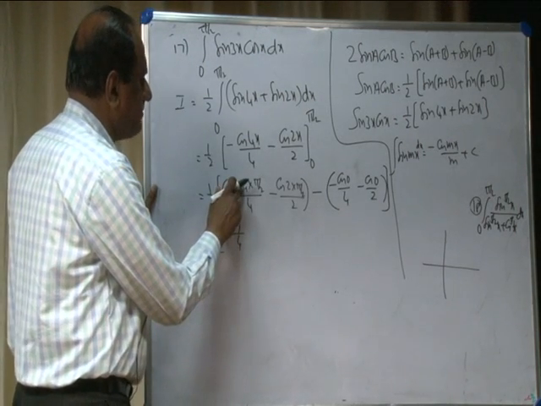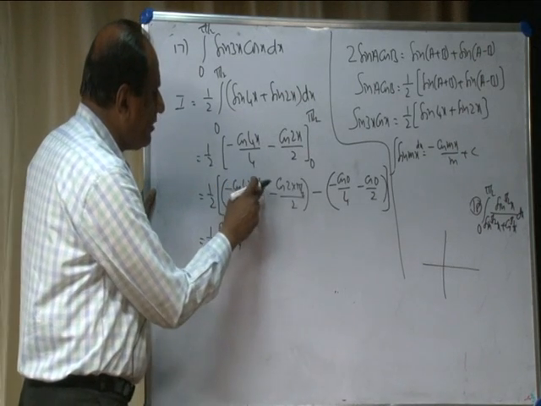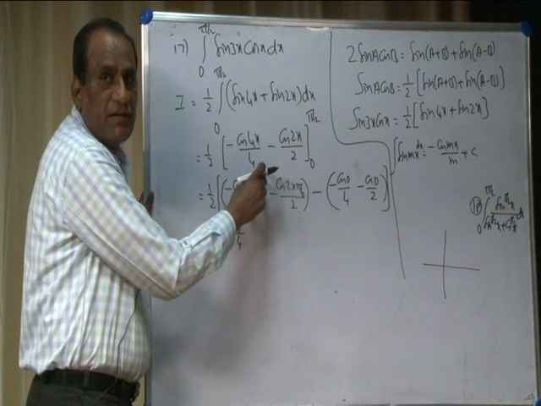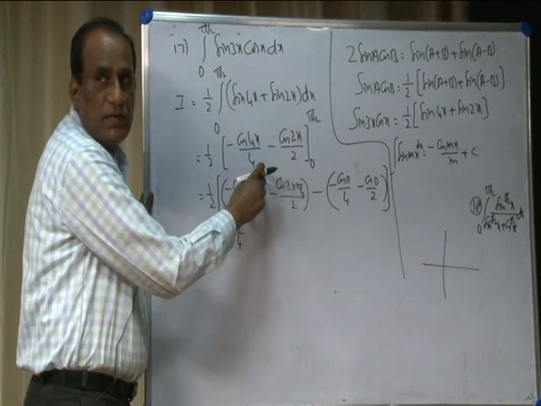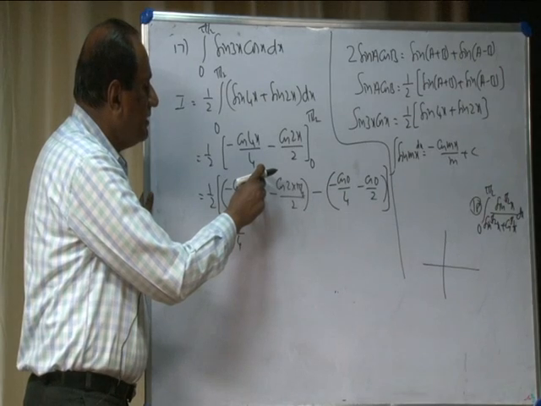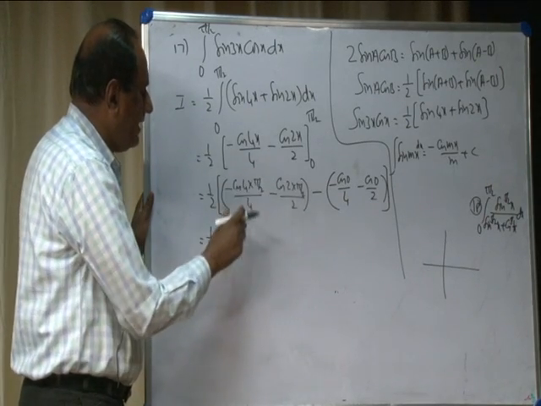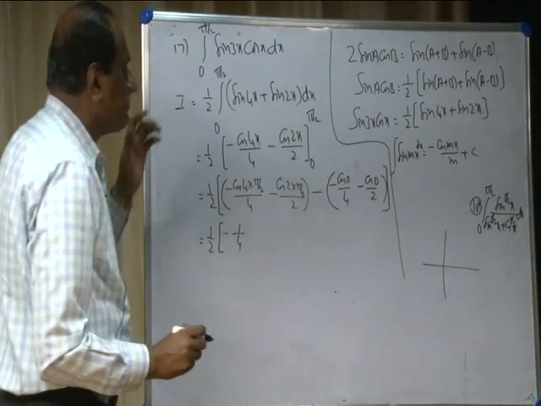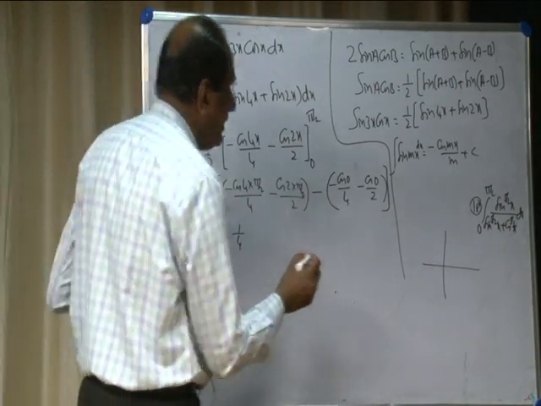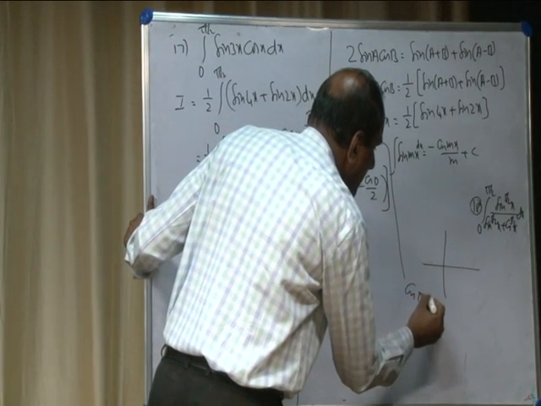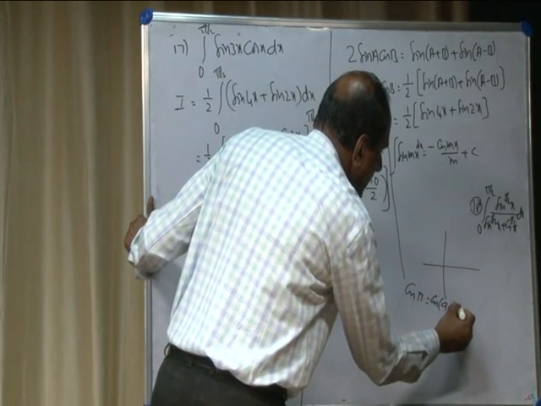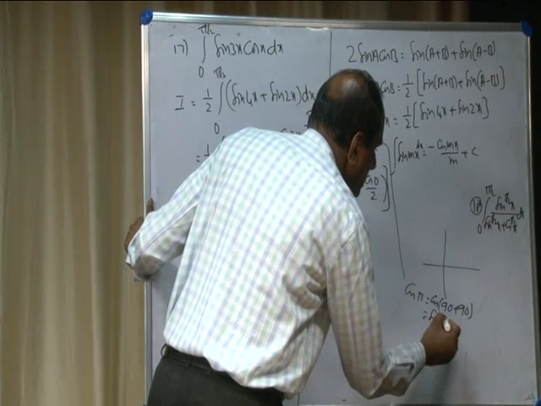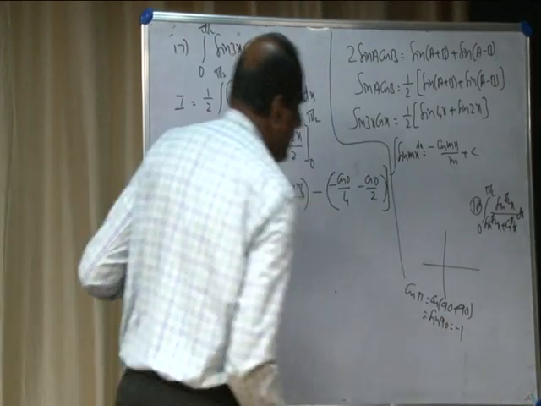See here, I explain once again. 4 into pi by 2, that is 2 pi. 2 pi degree, after completion of one round, is nothing but 0 degree. Cos 0 is 1, so minus 1 by 4. The 2s cancel. Cos pi I already explained in the last case: cos pi is equal to cos of 90 plus 90, which is minus sin 90, equal to minus 1.